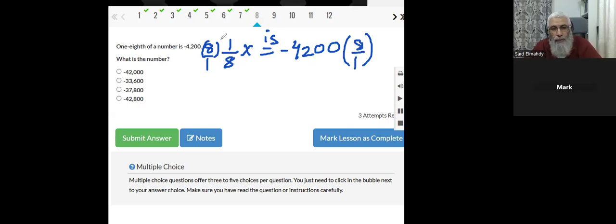So this 8 will cancel out, and it is just x equals. Now we have negative multiplied by positive, which is negative. And 4,200 multiplied by 8 is equal to what?